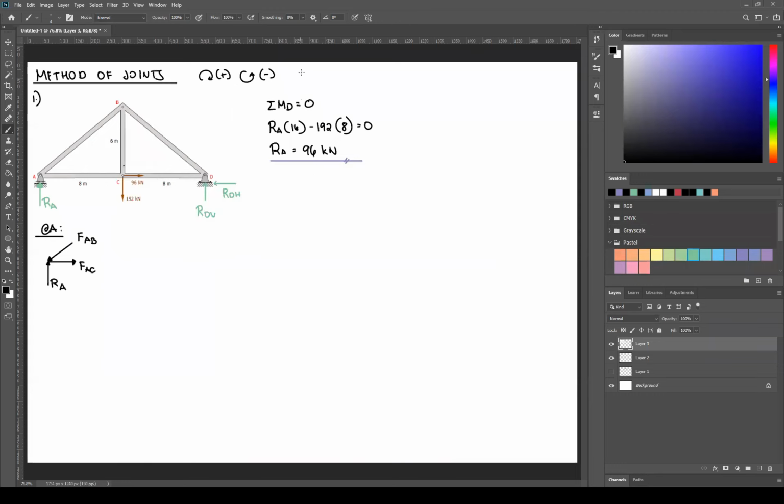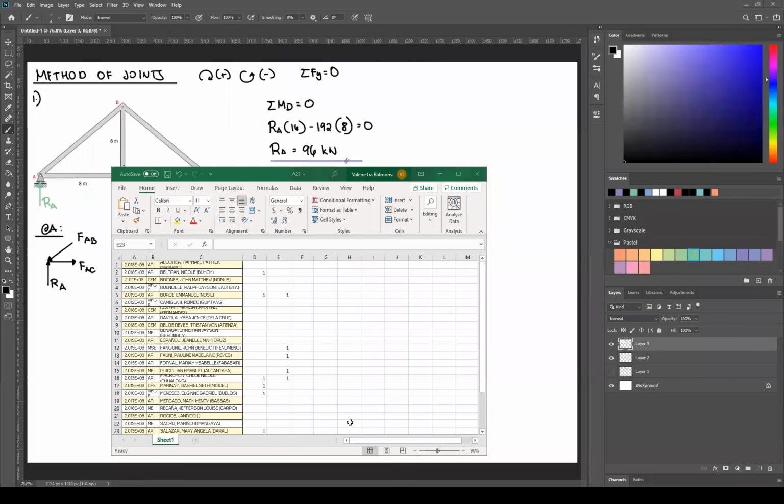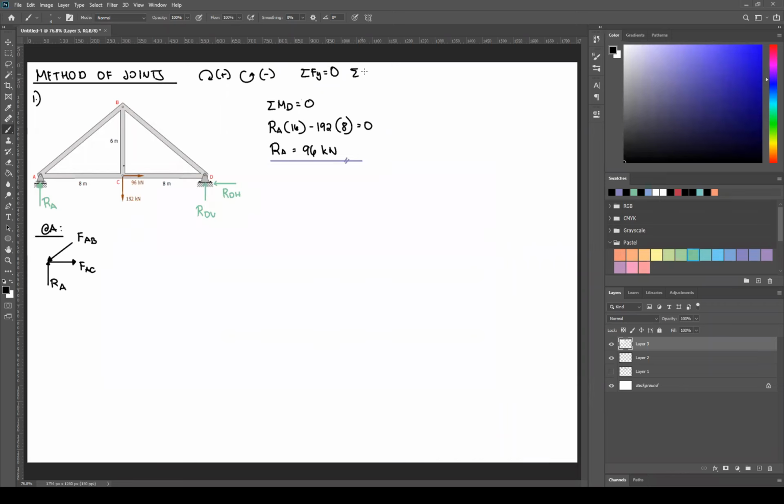Summation of forces y equals 0. What else? Okay, correct. Summation of x equals 0. Again, these are your equilibrium equations.